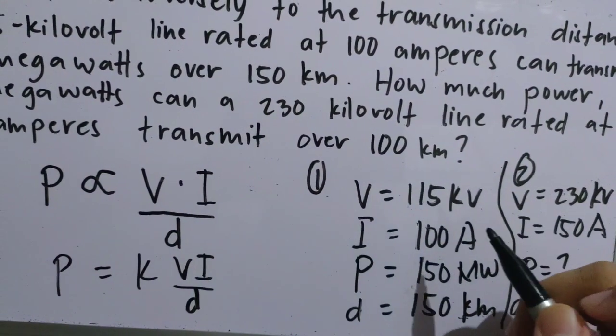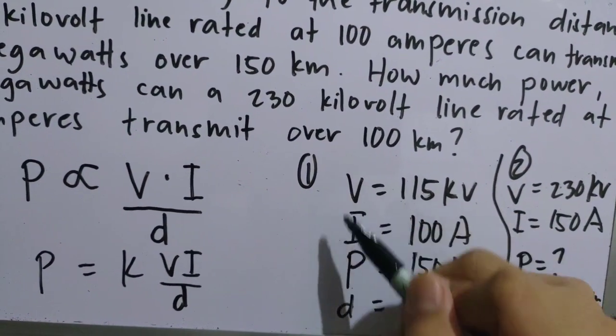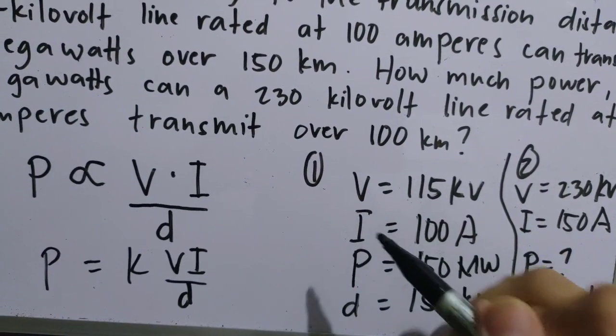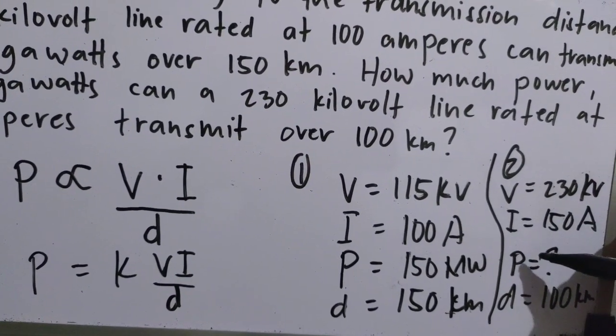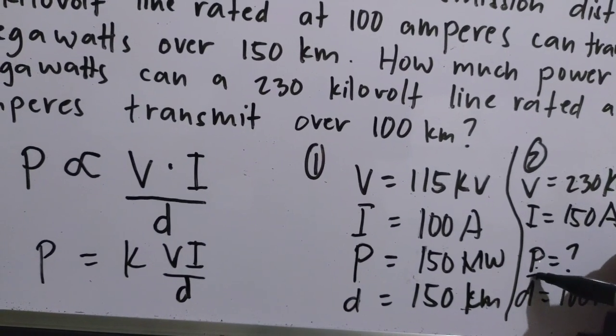So we now have two conditions. The first condition is complete: it has the voltage, current, power, and distance. But the second condition is missing the required power.